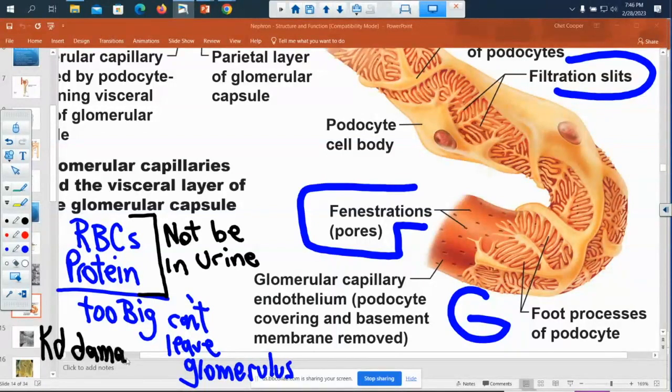Yes. You may have kidney damage. You may have a urinary tract infection or inflammation or many other things going on. Because when things get inflamed, they swell. Those pores might be bigger. Sometimes they're going to tear.